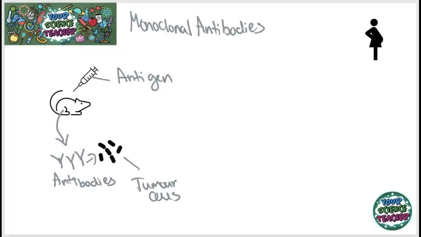So once we have lots of antibodies, we can then take these cells and we can use them for whatever purpose that may be. One example of where we have used monoclonal antibodies is in pregnancy detectors.